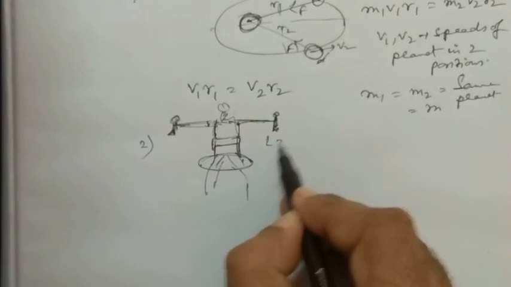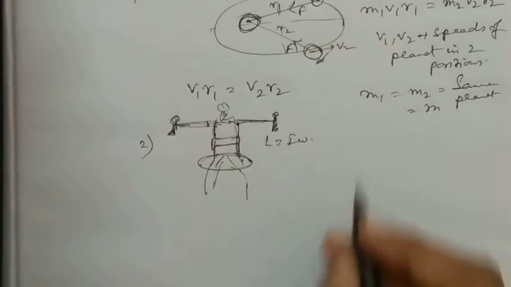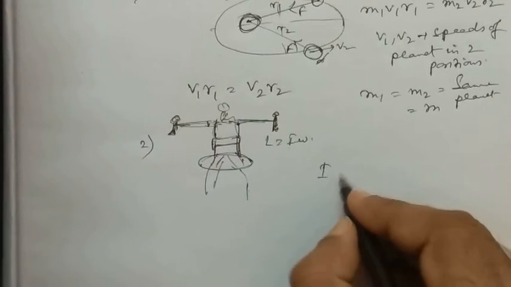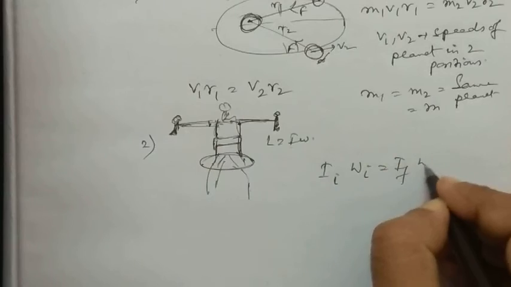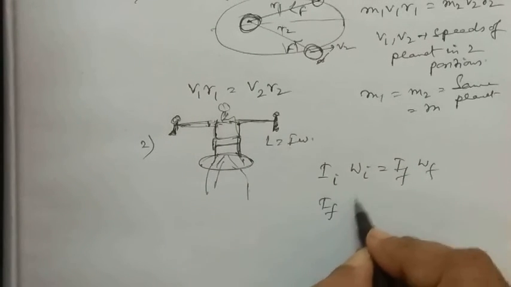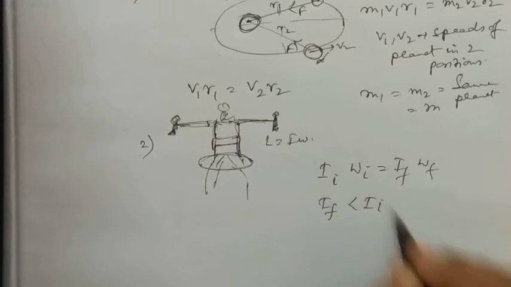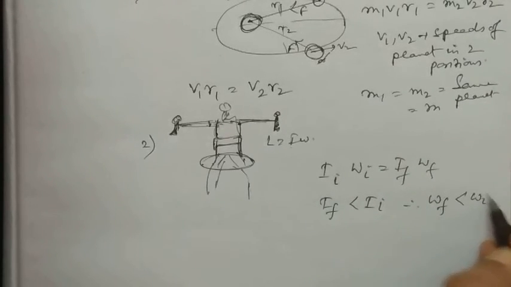L is equal to I omega. Here also we can write I initial omega initial is equal to I final omega final. If I final is less than the initial, then omega final must be greater than omega initial.